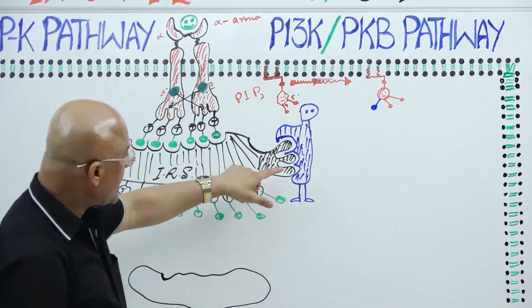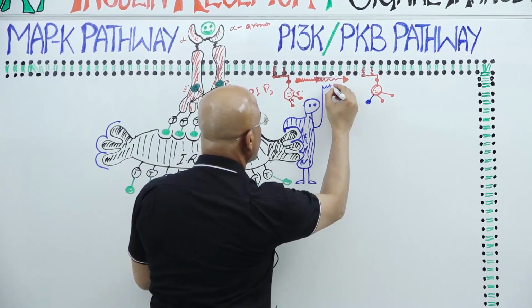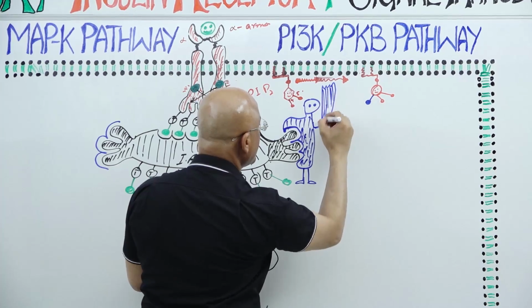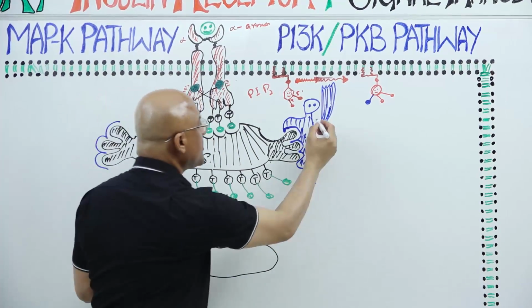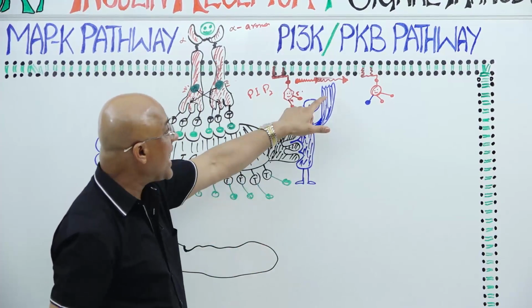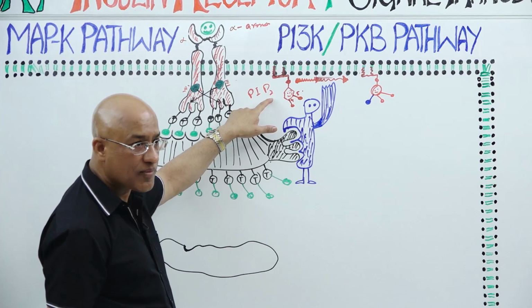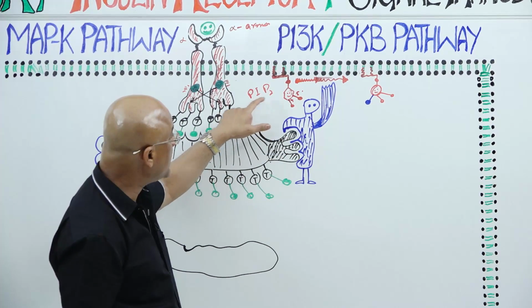So what kind of enzyme is this? This is a kinase. Why do I say this is a kinase? Because this enzyme has done kinase activity on PIP2.